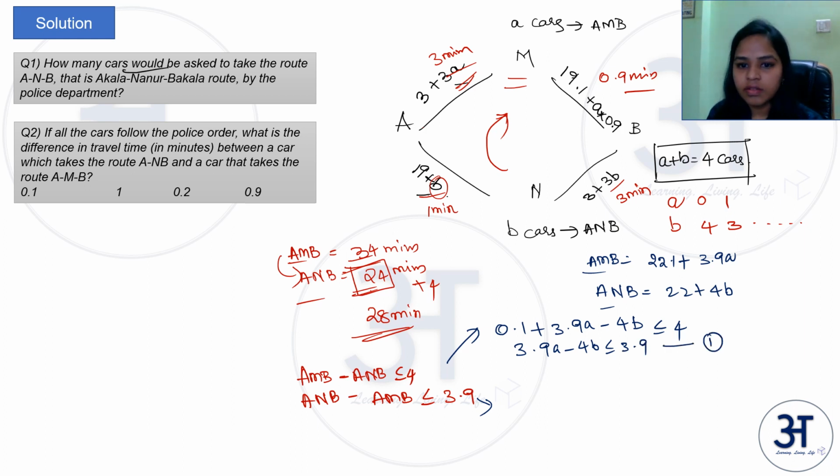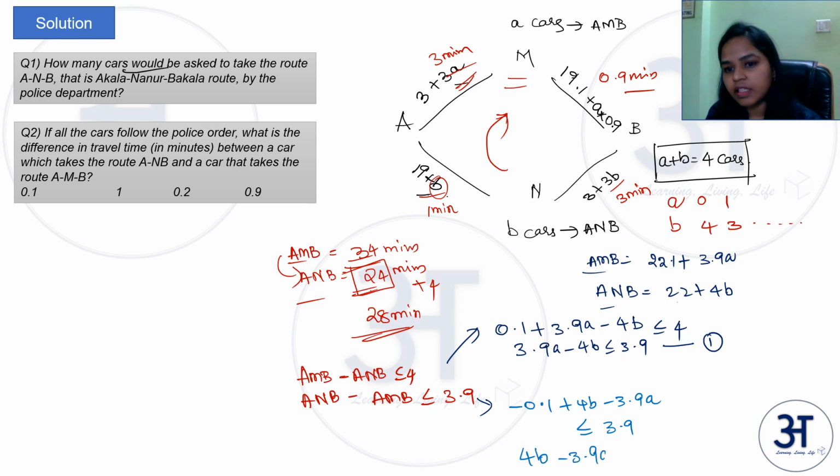Let us now look at ANB minus AMB. It will be minus 0.1 plus 4b minus 3.9a, and it will be less than or equal to 3.9. So you'll have 4b minus 3.9a less than or equal to 4. This is your second inequation.